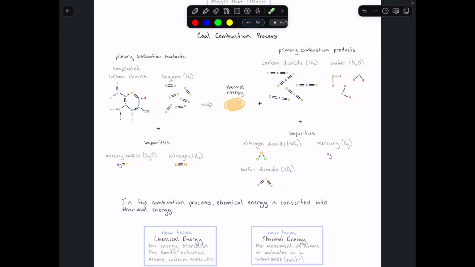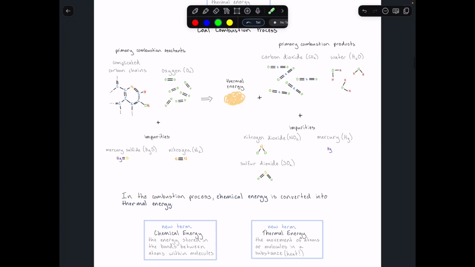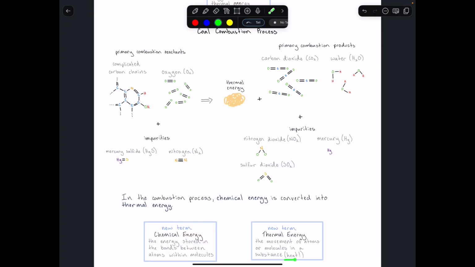When these bonds are broken in the combustion process, where all these atoms are rearranging themselves to make various other molecules, some of the energy contained in these bonds is released as thermal energy. This thermal energy is what coal-fired power plants use to generate electricity. Here, thermal energy is simply heat, its more well-known name.